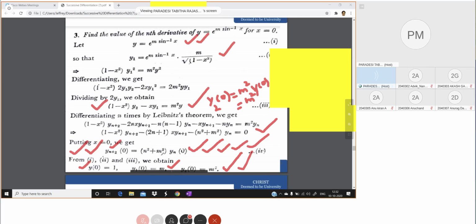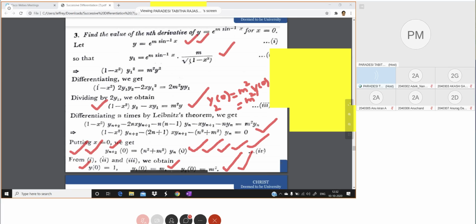Yes, we put a 1 plus m square, and then y, in place of n, you're putting a 1. So this yn of 0 now becomes y1 of 0, but you already have a value for y1 of 0, which is nothing but m. So y3 of 0 gives us a 1 plus m square with an m outside the brackets. Yes or no, Neon? 1 plus m square within brackets with an m outside.